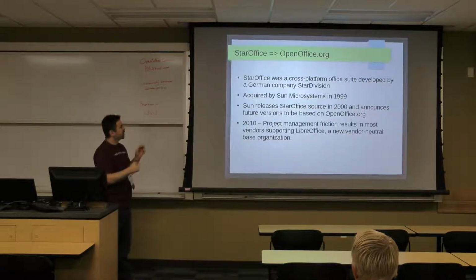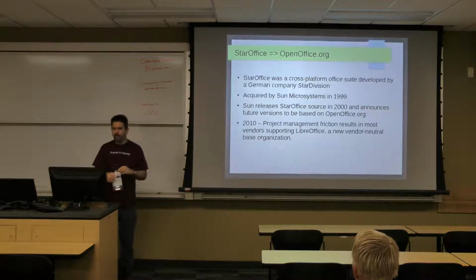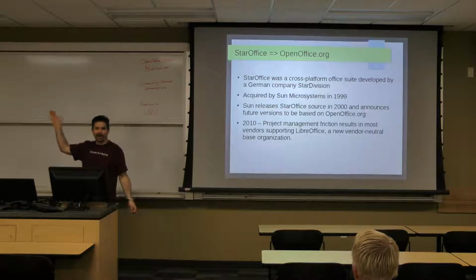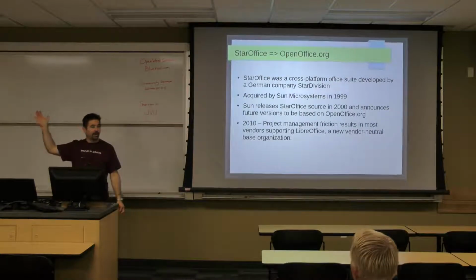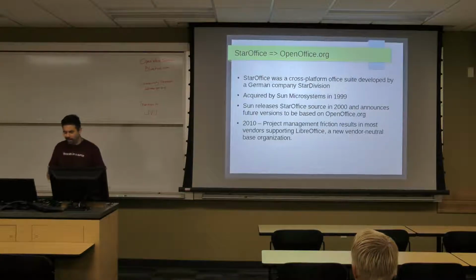And so they released the StarOffice source code, and it became OpenOffice.org. How many people have used OpenOffice? For what it is, it's a great piece of software, but it tries to do a lot of stuff. I'm using it right now, in fact.